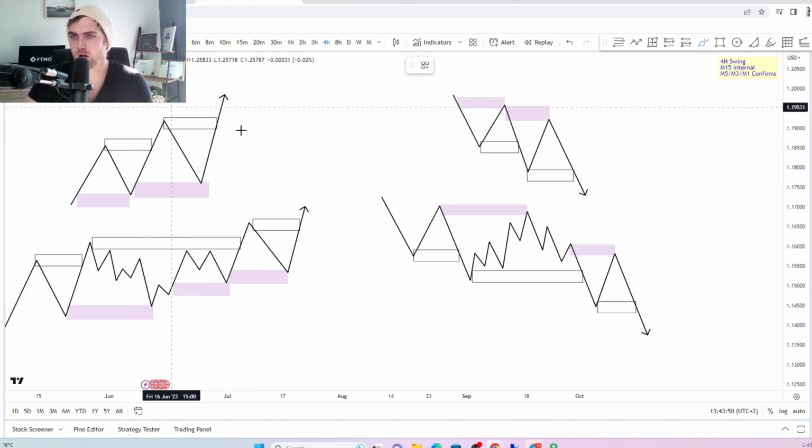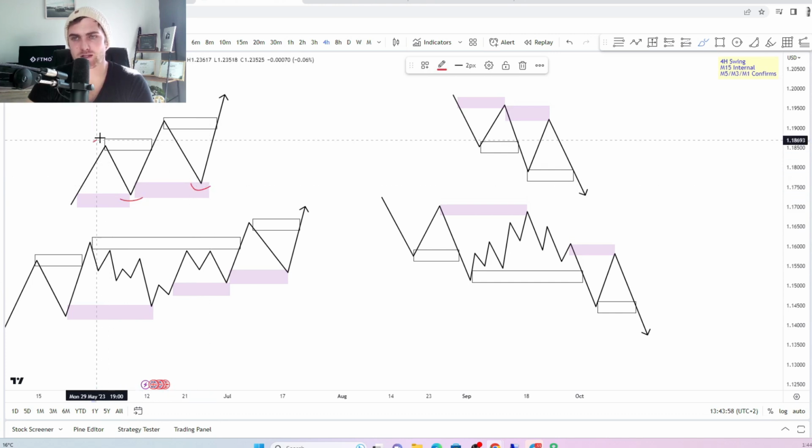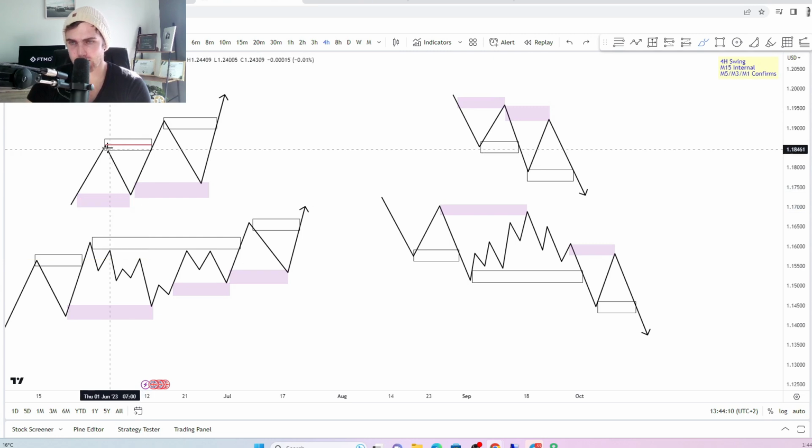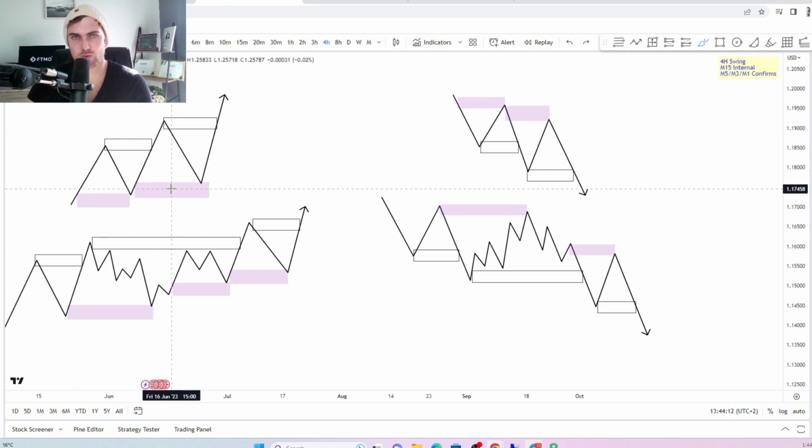So if we take a look, for example, at this basic mind graph or schematic over here, we have price busy respecting strong lows and taking out the weak highs. So these demand zones are creating those institutional breaks of structures to the upside.